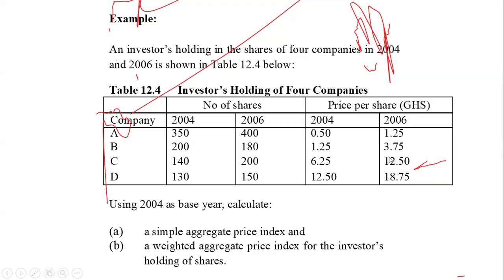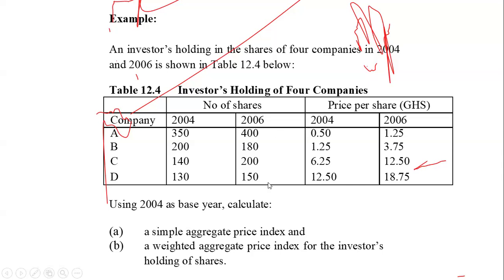Then when you finish with that, you divide all by 2004. So you take 350 times its corresponding price per share, plus 200 times its corresponding price per share, plus 140 times its corresponding price per share, plus 130 times its corresponding price per share. So you make sure you don't miss the year.